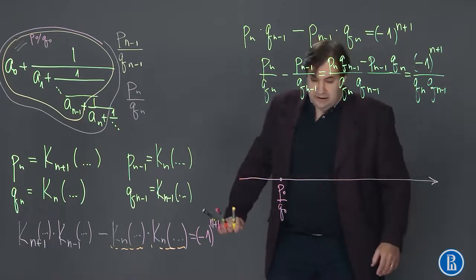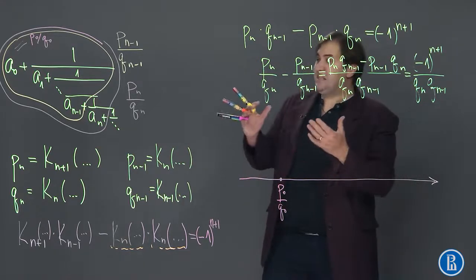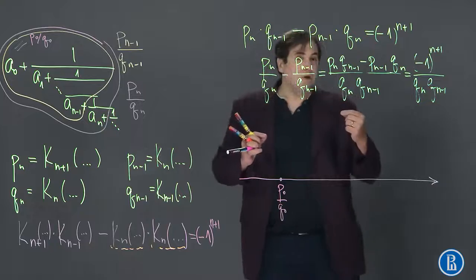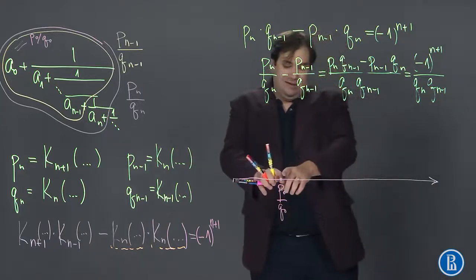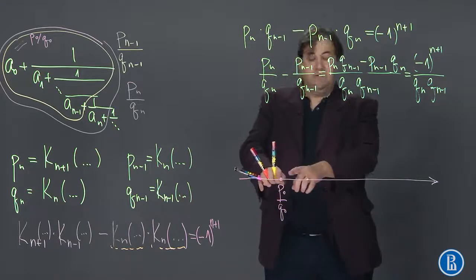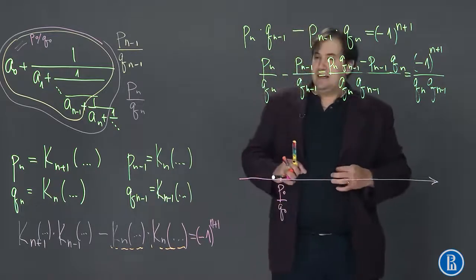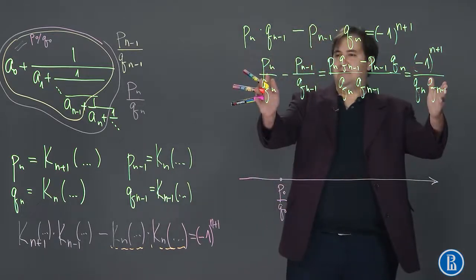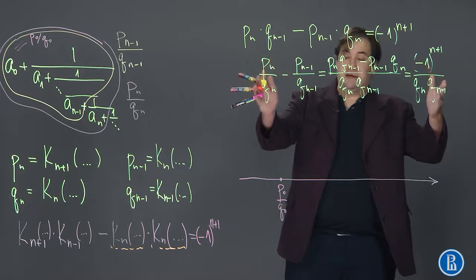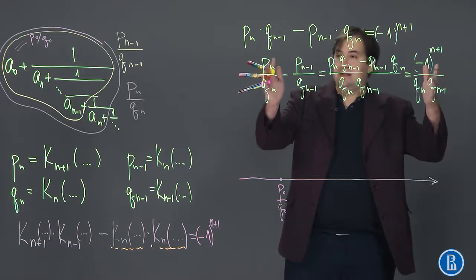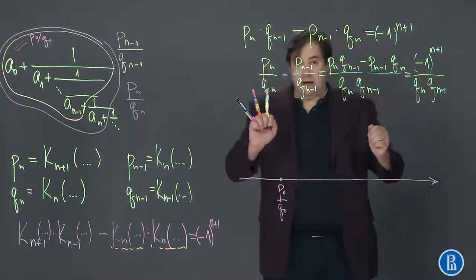And then, well, we already understand that P1 over Q1 will be somewhere to the right of this point. But let's take a look at this equality and substitute n with 1.